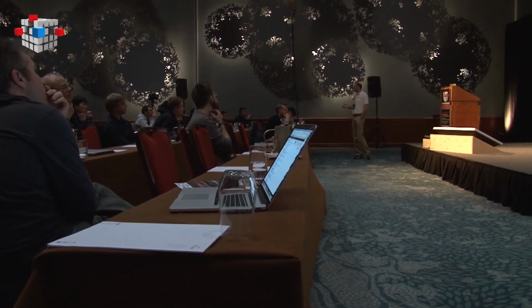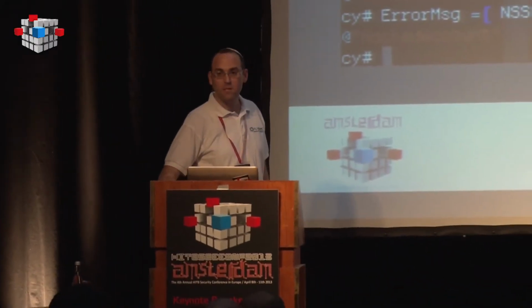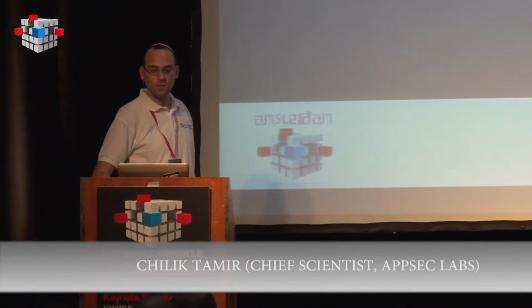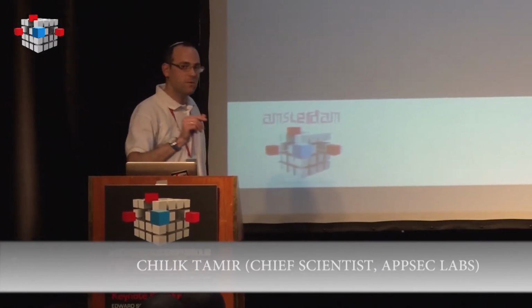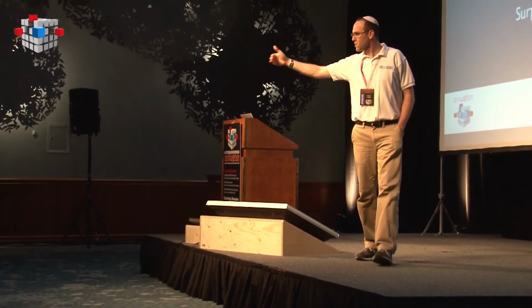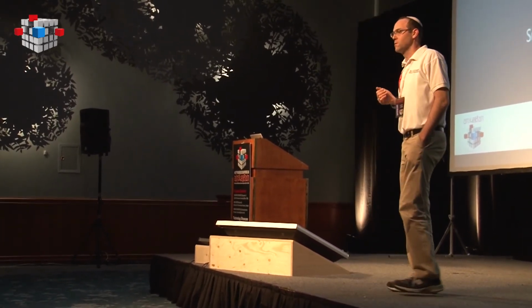So what happened? What happened is I used the fundamental class interposing of the Objective-C programming language to implement new functionality for the string with string selector. I used Cycript to define a new message selector so that for any invocation of init with a string object, it will return hacked account.